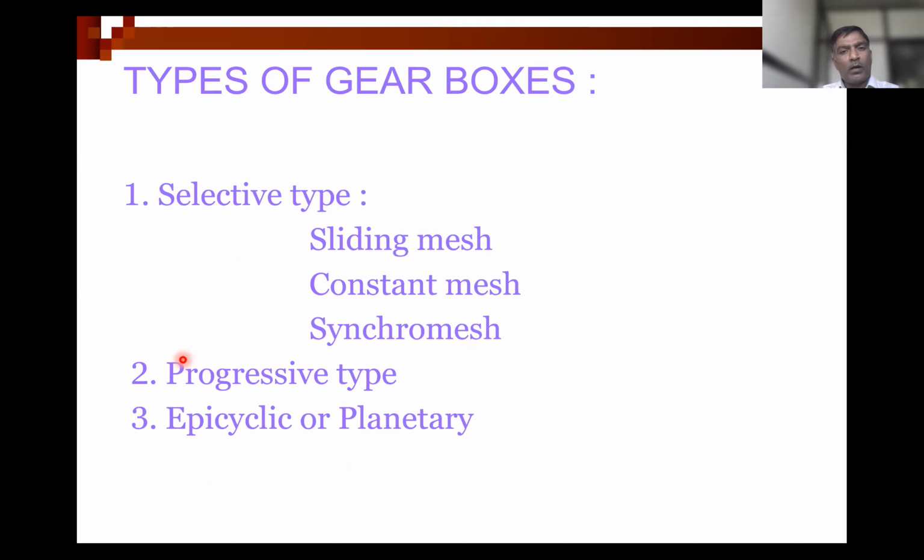Then you should know how many types of gearboxes there are. These are the basic types: selective type, under which there are sliding mesh, constant mesh, and synchro mesh. Then another type is the progressive type.